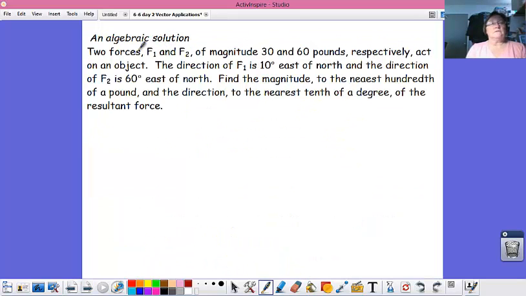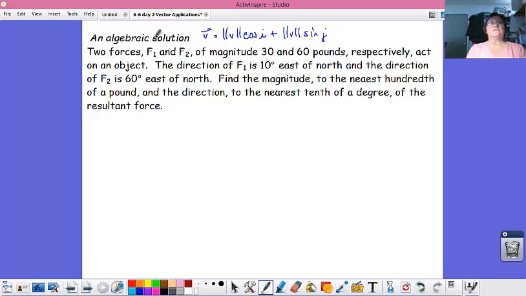All right, let's look at a situation where we could use our algebraic definition of a vector, remembering that algebraically that vector is magnitude times cosine theta in the i direction plus magnitude times sine theta in the j direction, and I should have a theta in there. Let's read this problem.